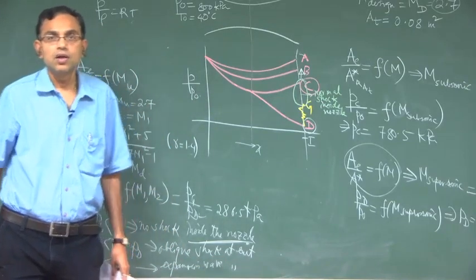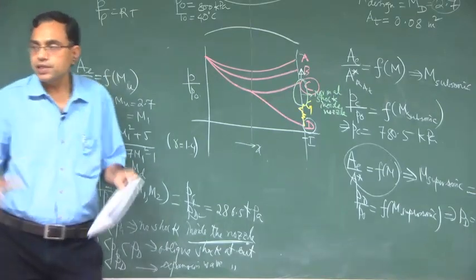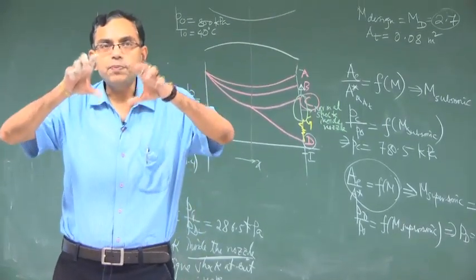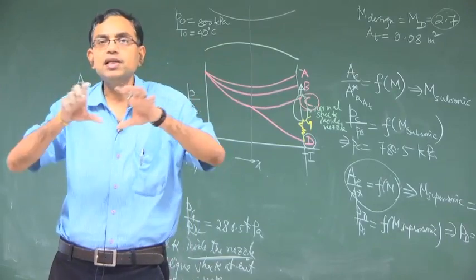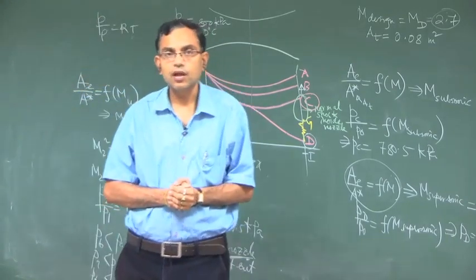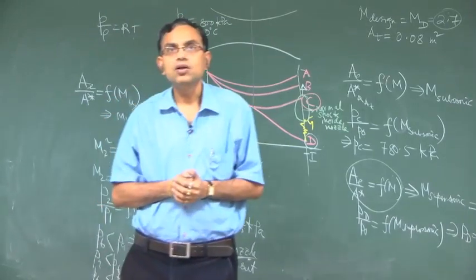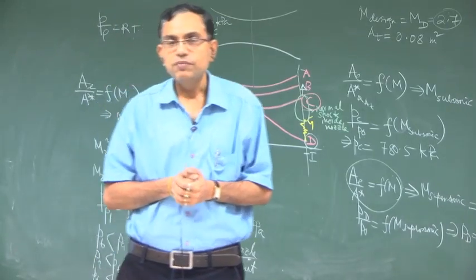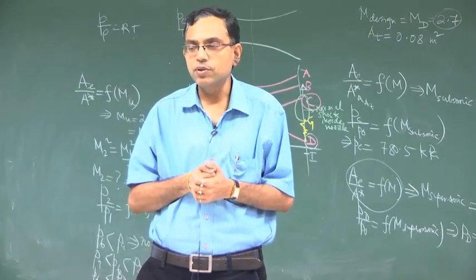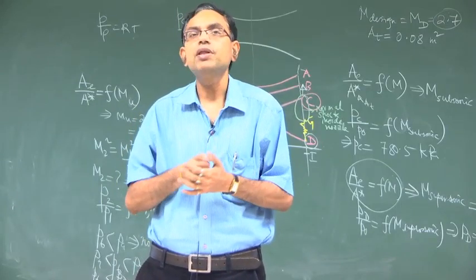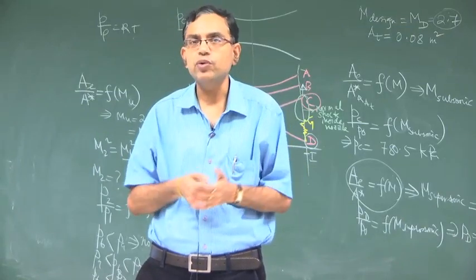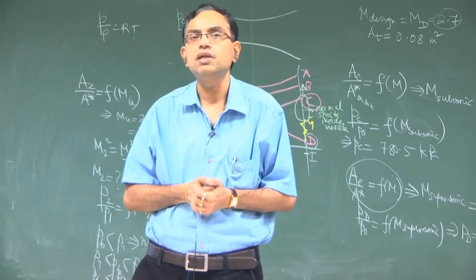Okay. So, this problem is a very representative problem. By working out this problem, you will get a complete picture of what are the ranges of possibilities in a converging diverging nozzle. So, so far we have studied various aspects of one dimensional compressible flow with and without shock, and all these have been illustrated well through examples of converging and converging diverging nozzle.